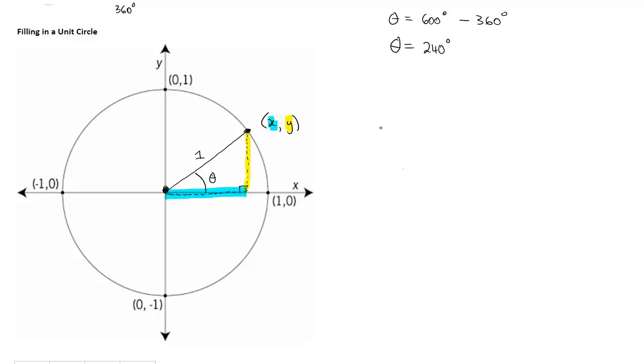So what we can do is use our fundamental trigonometric principles that we already are aware of from earlier year levels. If we want to find what the value of y is here, we can see that that is opposite.